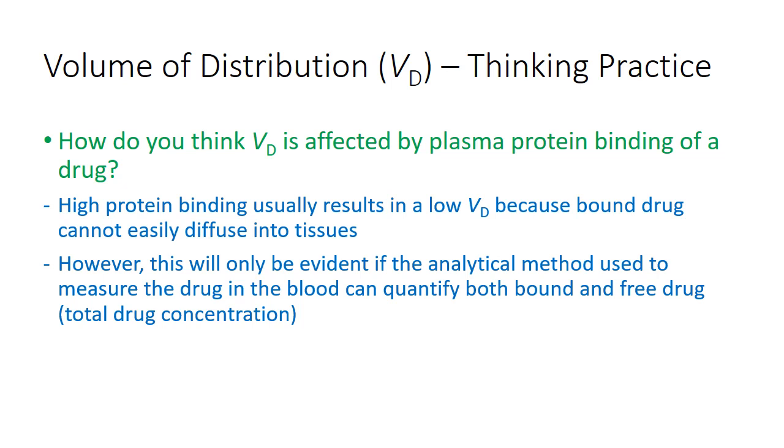What I'm getting at is that when a lab reports a drug concentration, some labs may be reporting the total drug concentration, some labs may be reporting only the free drug concentration. The total would be the bound and the free, and if they're just reporting free, then you need to know that. They should tell you very clearly on any lab report which one we are looking at, and whether they show both.